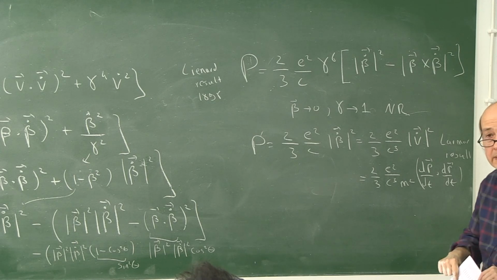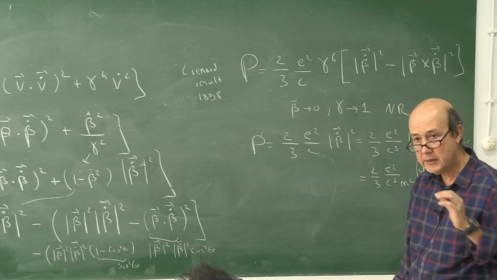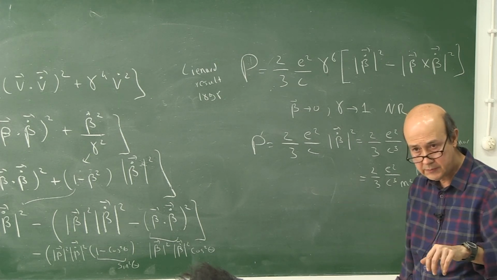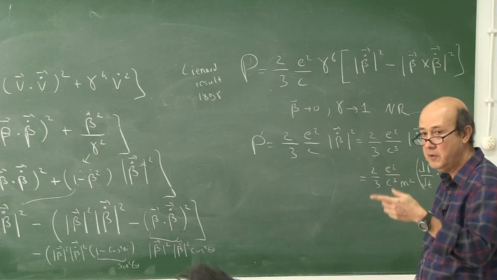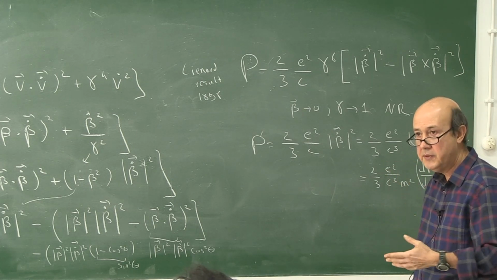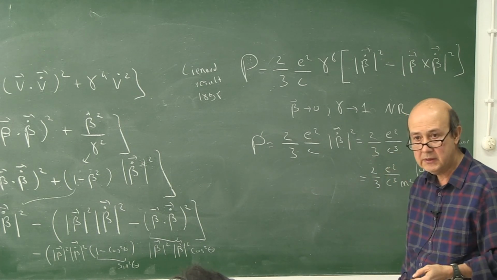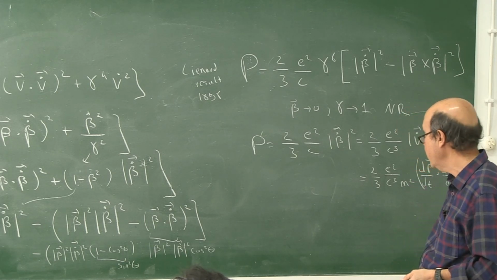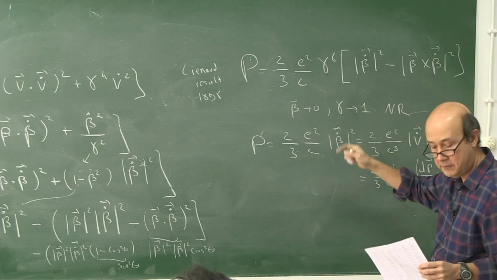Now, there are two important cases. You can accelerate the charge by applying a force, linear or circular. Or in nature, the charge could be circularly moved in the magnetic field. If there's a uniform magnetic field, the charged particle gyrates around the magnetic field. Emission is called cyclotron if it is not relativistic. So sometimes you can have beta cross beta dot terms, sometimes you don't have.